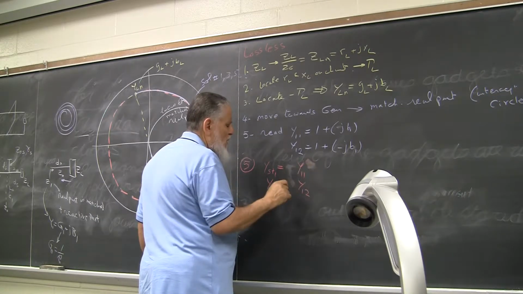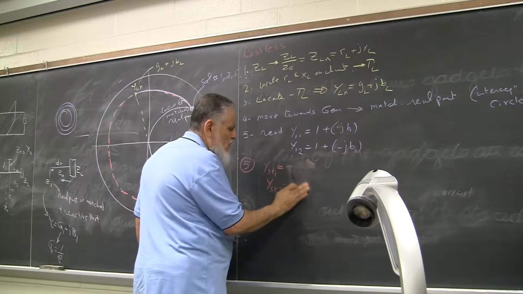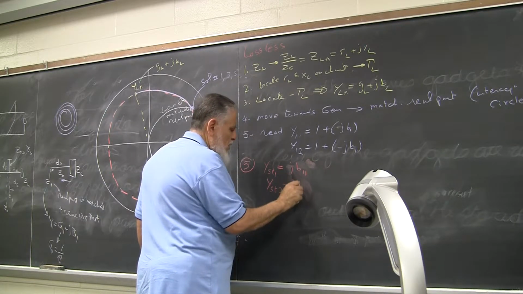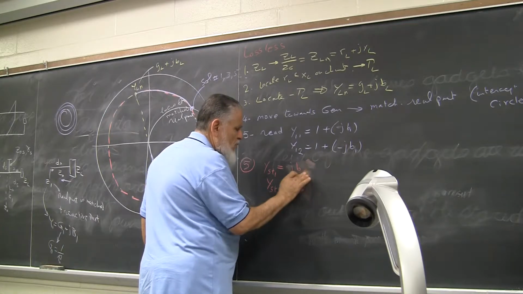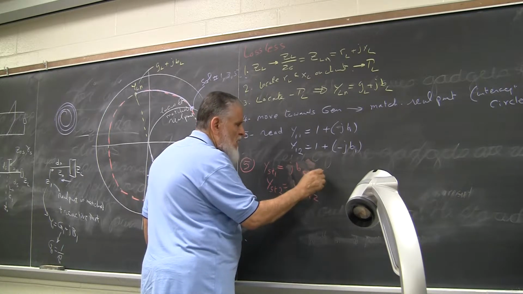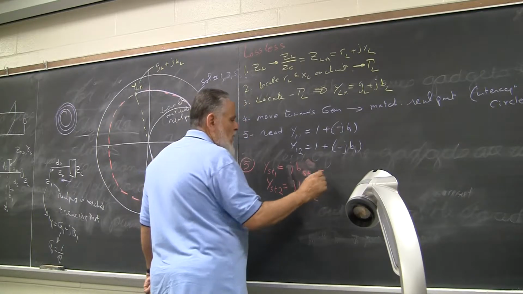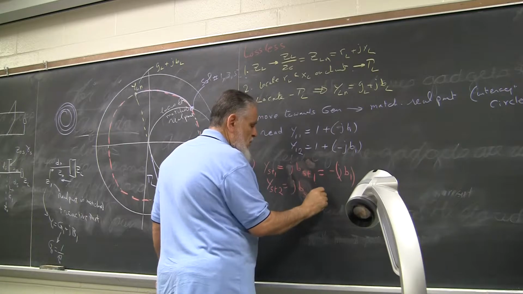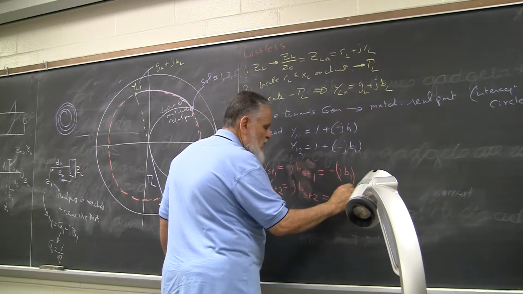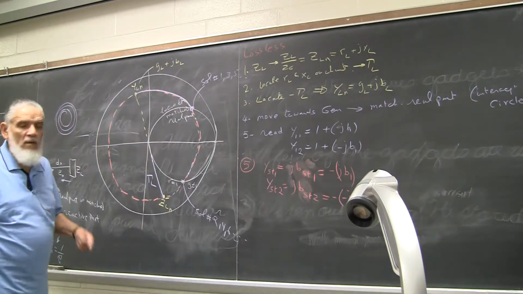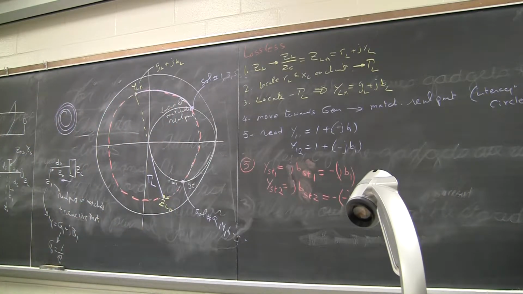Let's write it: JB stub 1 and JB stub 2. So JB stub 2 is equal to minus JB1, and this one here is minus JB1. In either case, it should tune out.